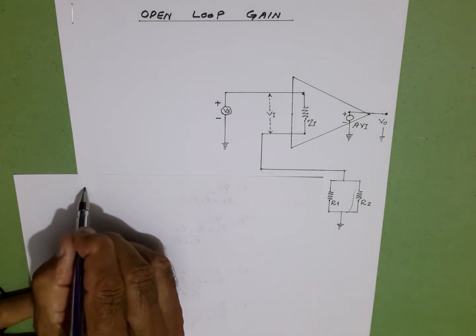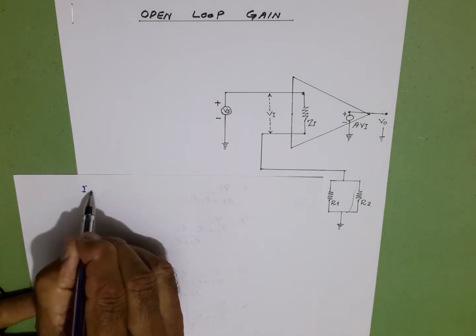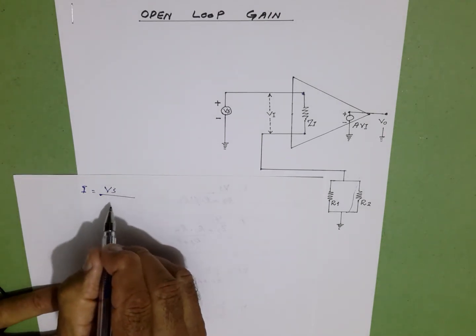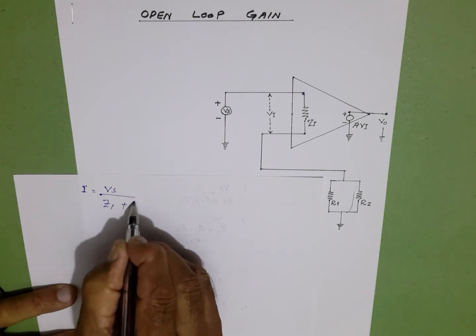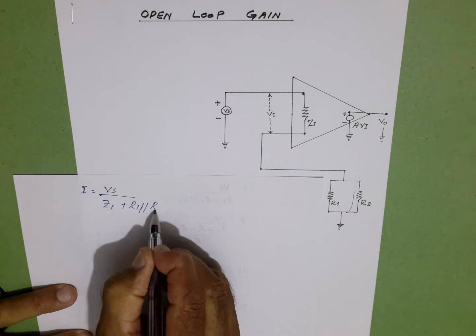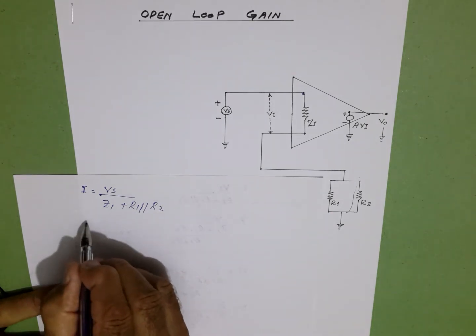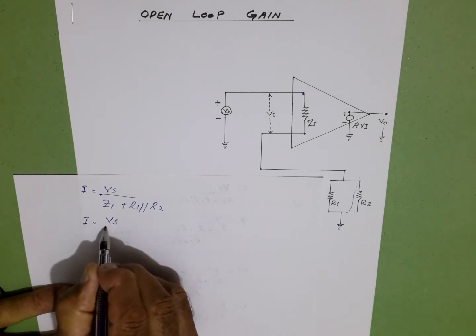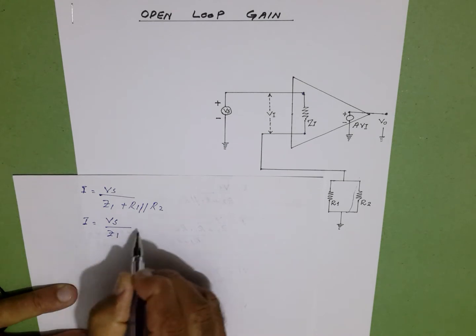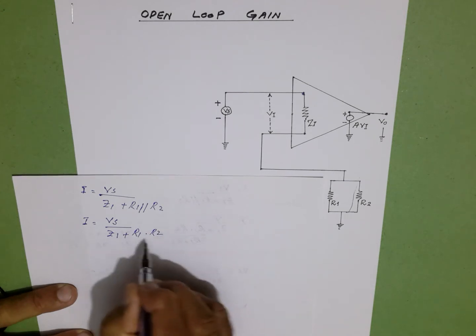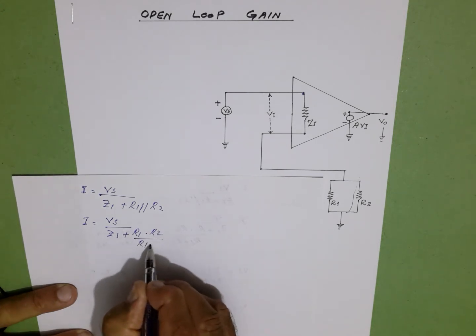Let us see, I is equal to Vs over Zi plus R1 in parallel with R2. This can be written as I is equal to Vs over Zi plus R1 into R2 over R1 plus R2.